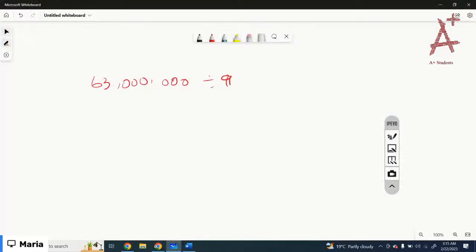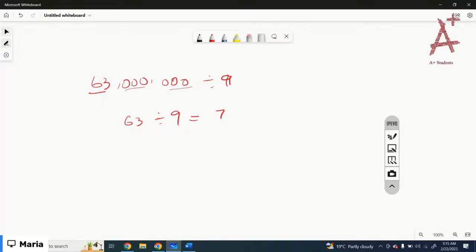So you have to just divide the non-zero value. 63 divided by 9. 9 times what number is 63? 9 times 7 is 63.